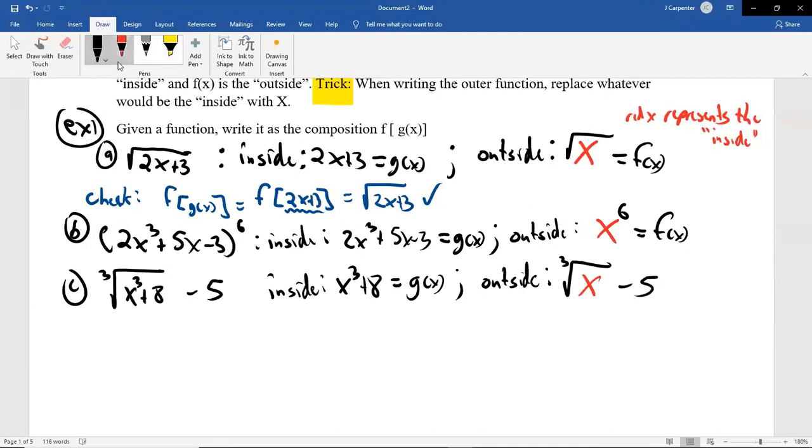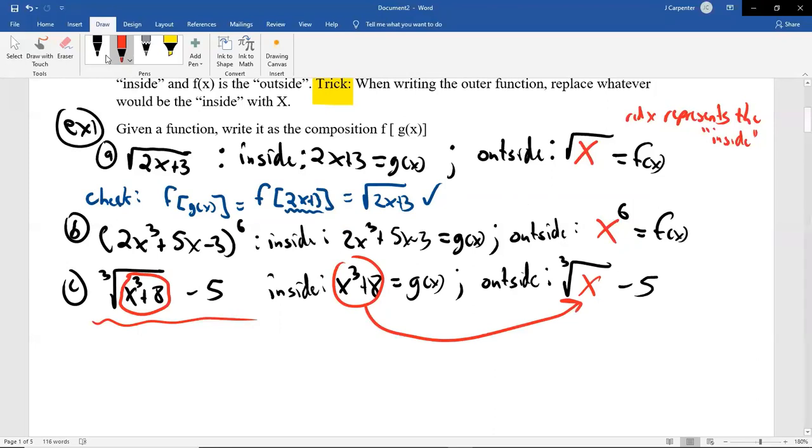See, the red x is representing this right here. The -5 still has to be there. It's not part of the inside. It's something completely outside of that. And if you were to stuff this x cubed plus 8 into the x here, you would get this original problem, this original function. Looks like a Madden drawing.